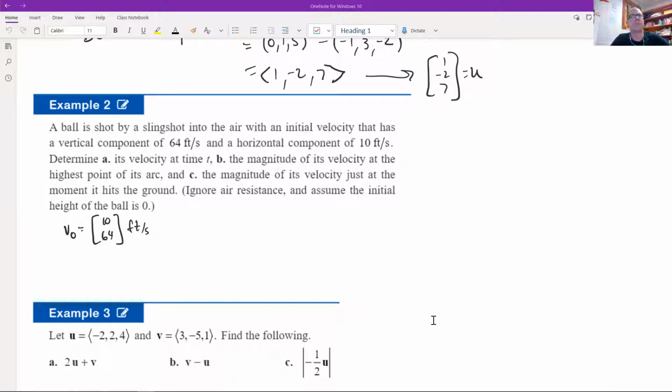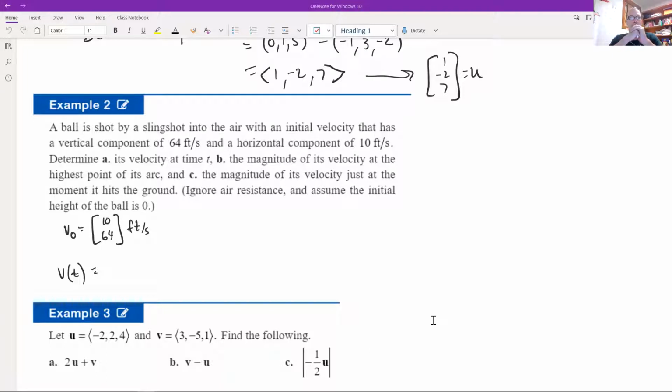And we want to find its velocity at a time t. So we're trying to make a function v of t in terms of t.